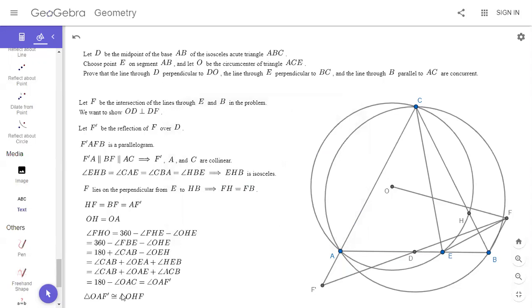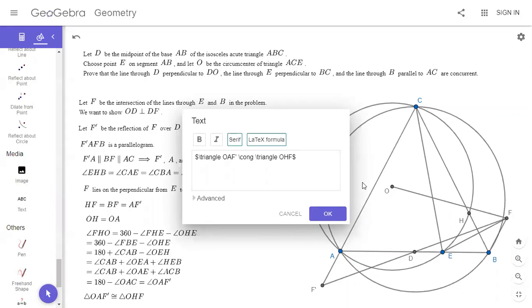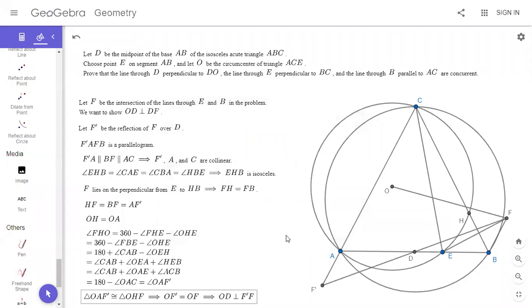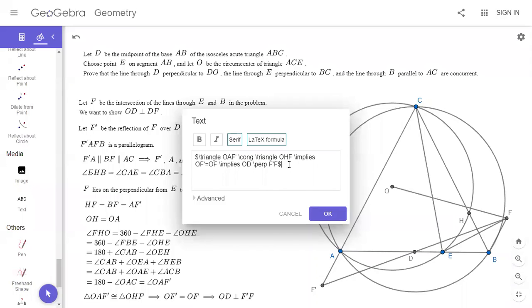And that means that OF prime is equal to OF, which means OD is perpendicular to F prime F, since F prime D is equal to DF. Yeah, this is a really cool solution. I like it, Timo.